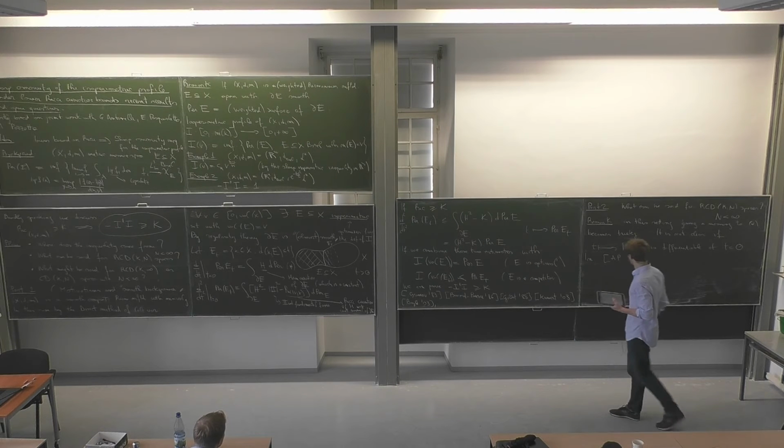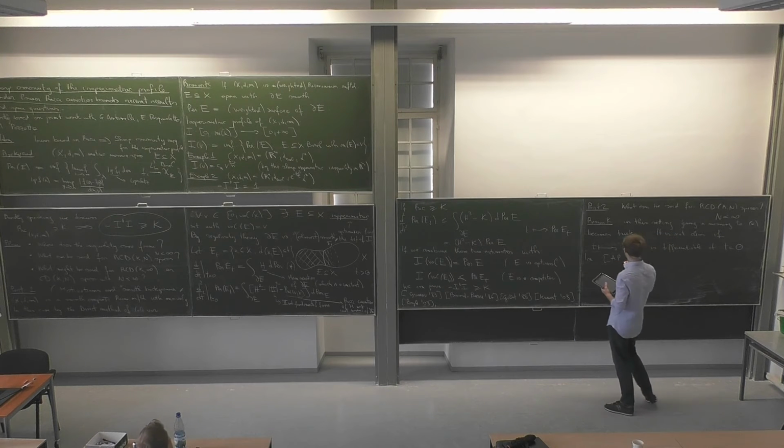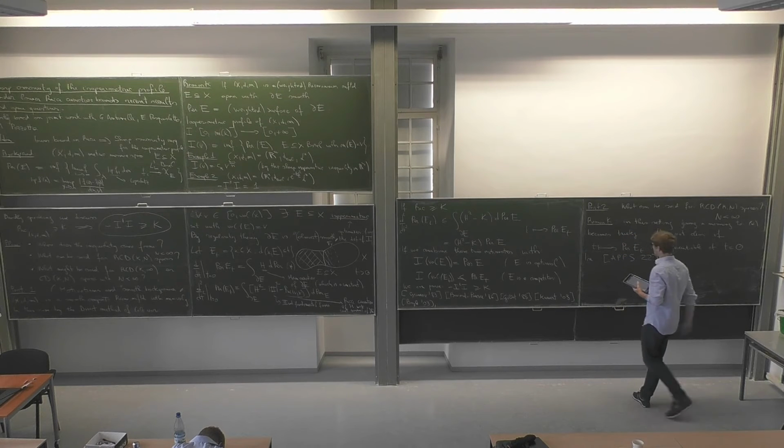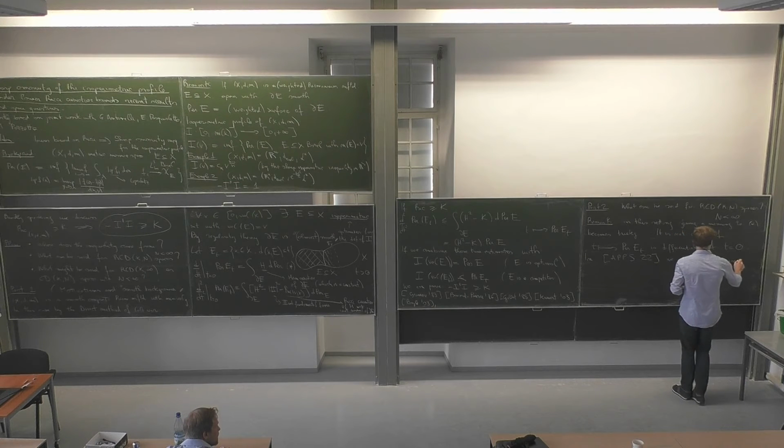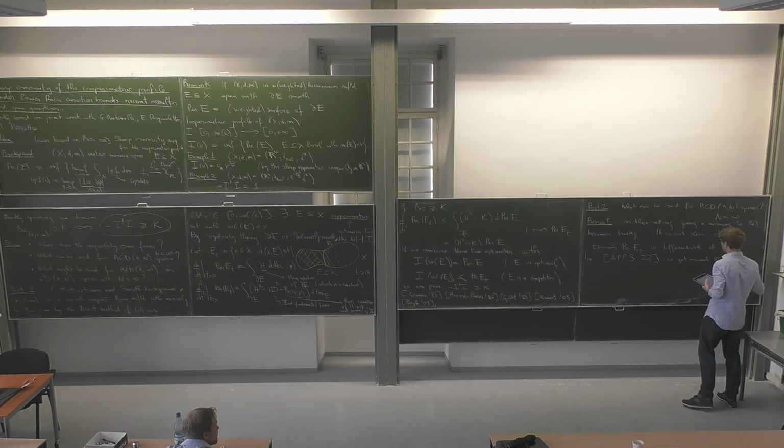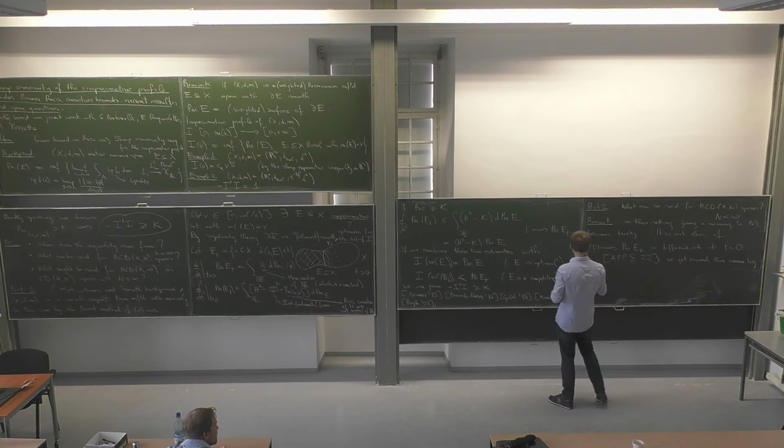Thanks for the question. So in the joint work with Antonelli, Pasqualetto, Pozzetta, that appeared in 2022, we get around this point by proving the following. Let me call it theorem 1.